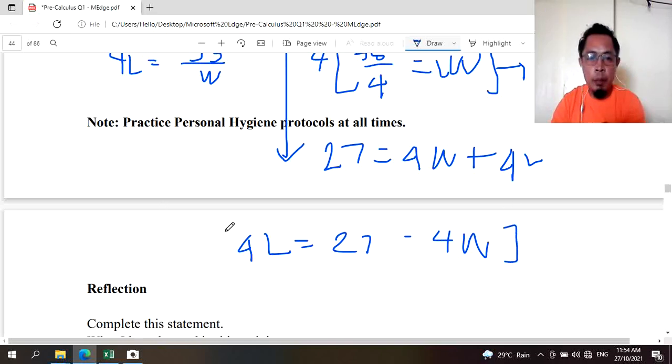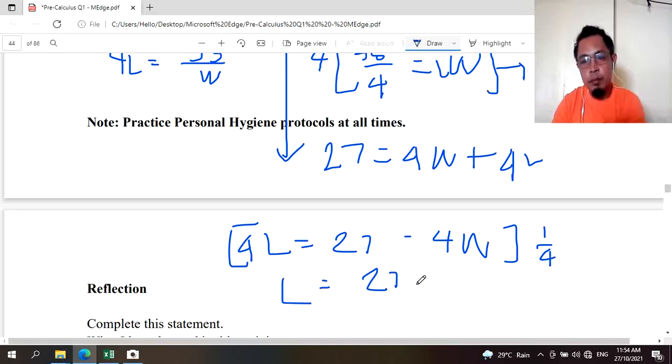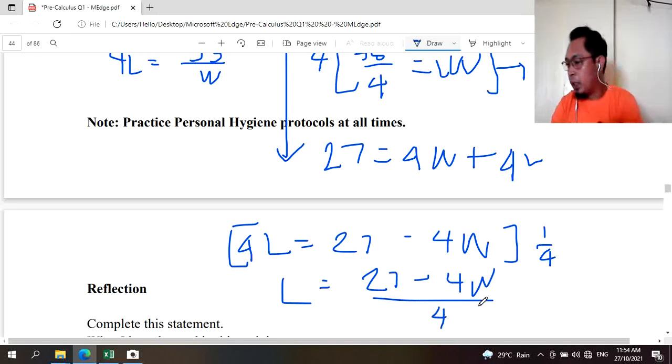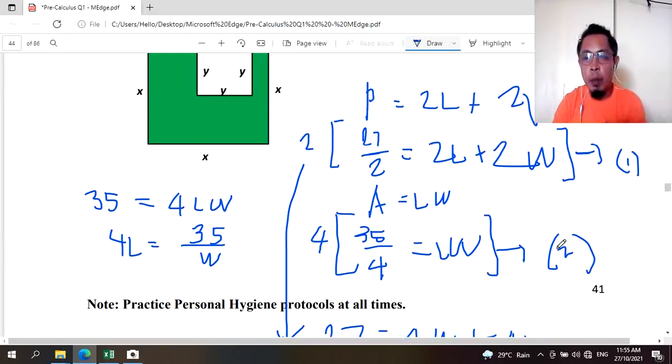If we multiply it by 1/4, then that gives us now L is equal to 27 minus 4W over 4.